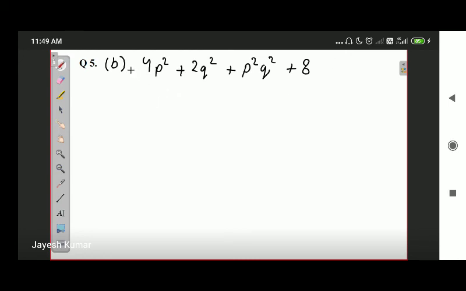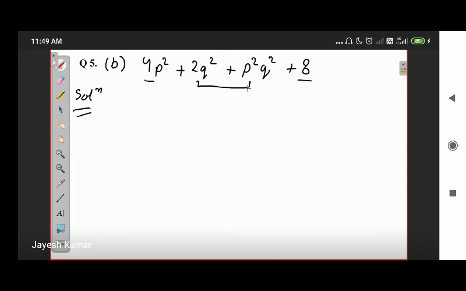So what I am going to do is I am going to group them and then find the factors accordingly. How am I going to group them? See, I am going to do the grouping of first and last and 2 middles.